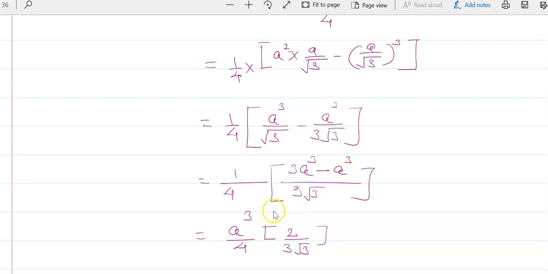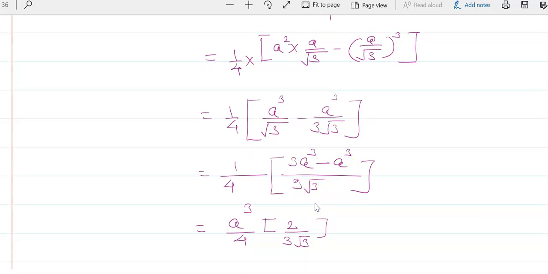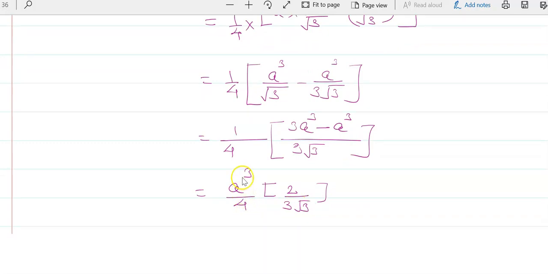A cube upon 3 root 3. Here 3 A cube minus A cube is 2 A cube, so that is A cube upon 4 in bracket 2 upon 3 root 3.